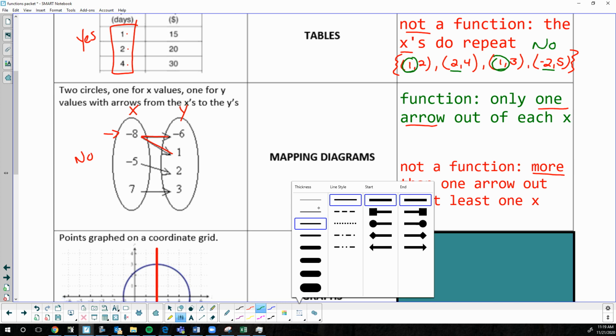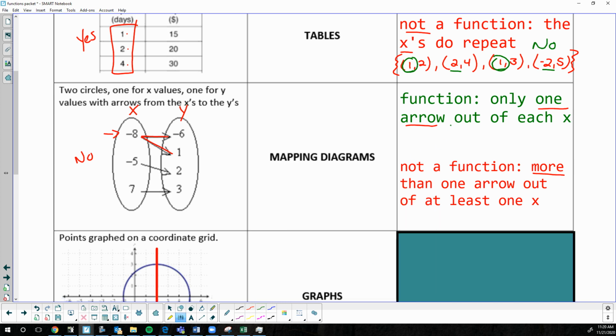So what would one look like that is a function? It's arrows like this. Okay, 1, 2, 3, 5, 7, 9. You would only see one arrow coming out of each number. This is a yes, and it doesn't matter positive or negative, it's just how many arrows are coming out of each x number. If you only see one, 1 is the good.